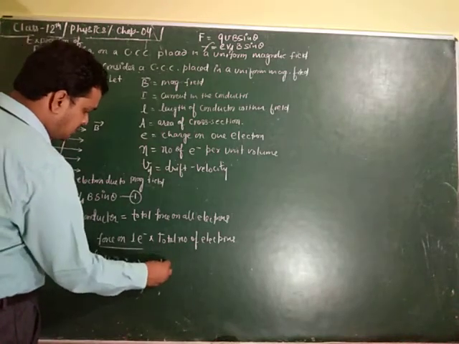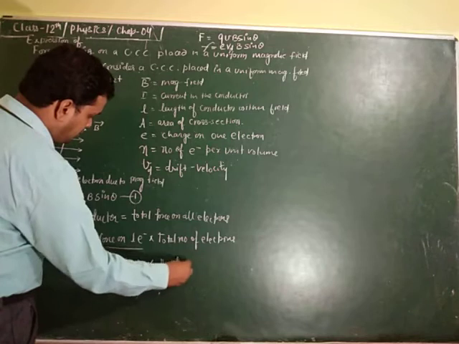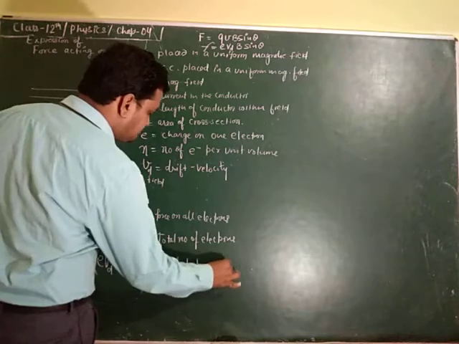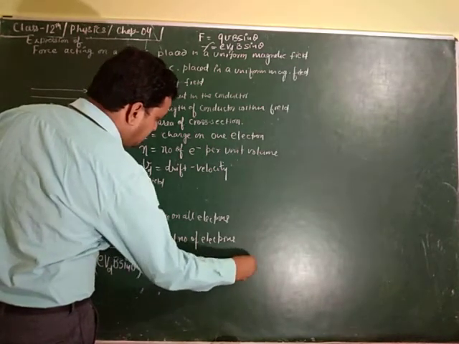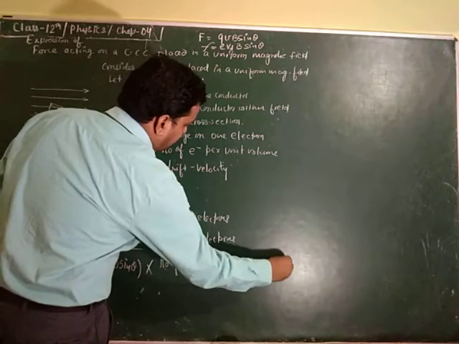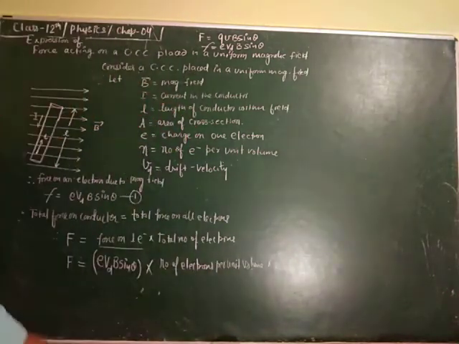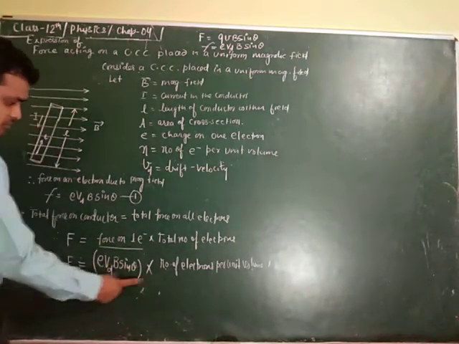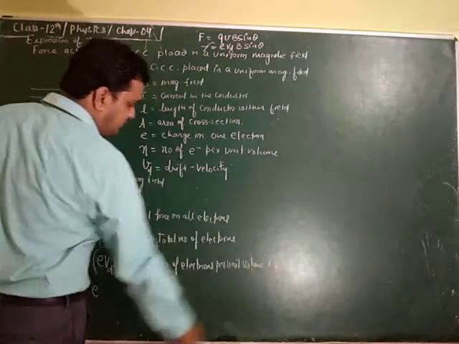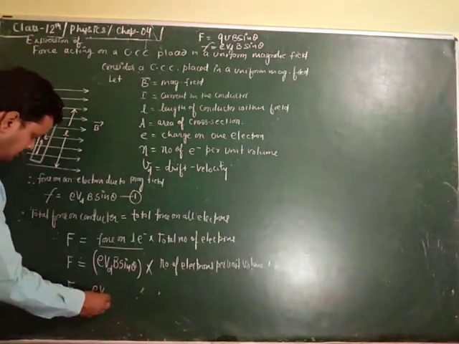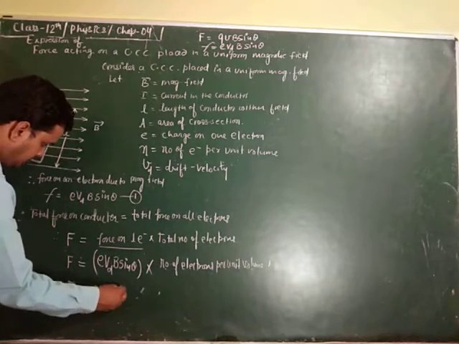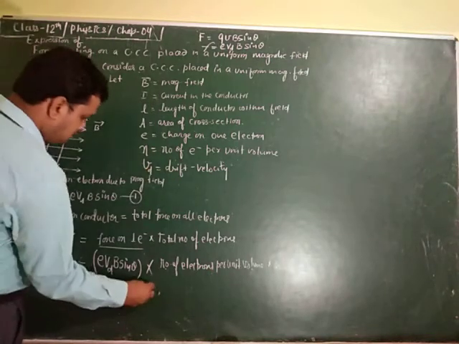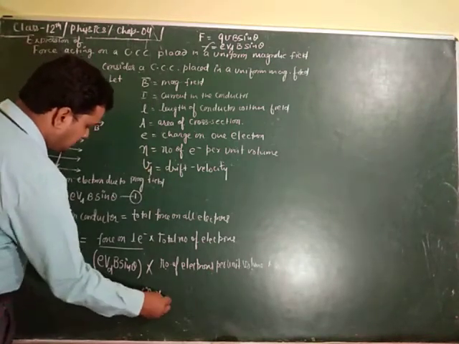And we have to calculate the total number of electrons. How can we calculate it? The number of electrons can be written as the number of electrons per unit volume multiplied by volume. So we have calculated the force on one electron, e v_d B sin theta, multiplied by the number of electrons per unit volume, which we have assumed as n, multiplied by volume.